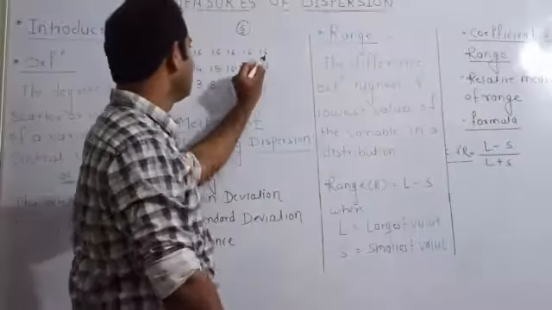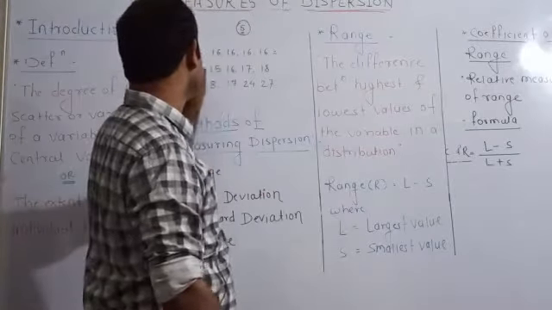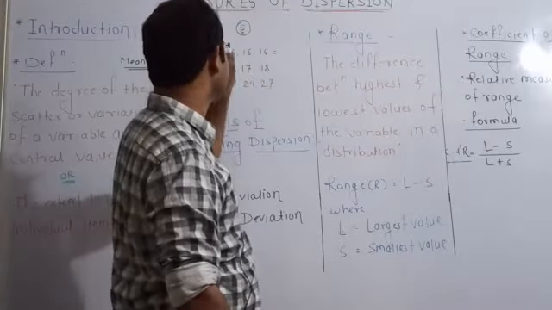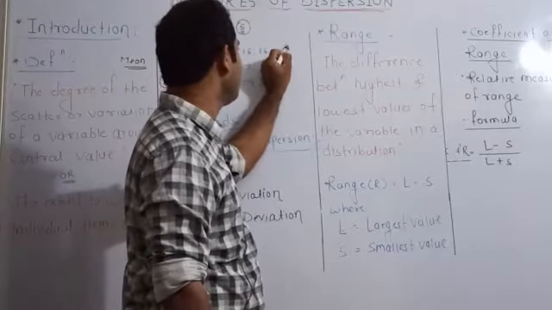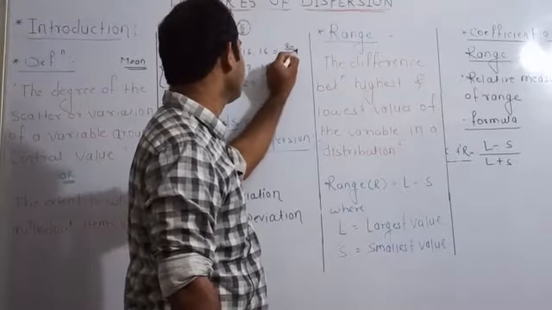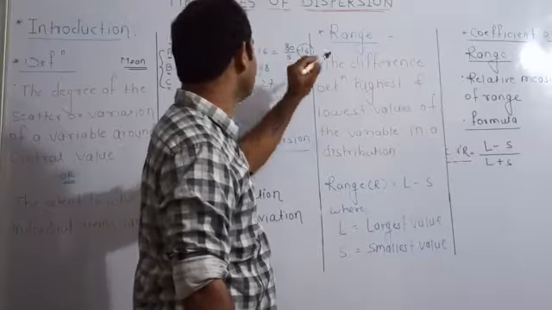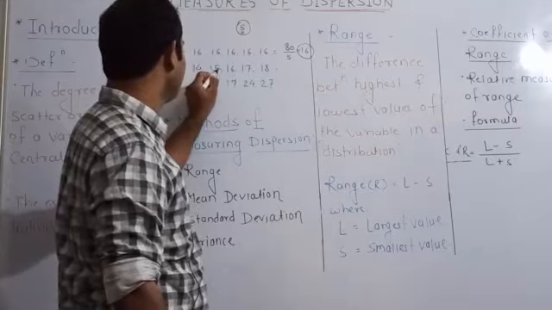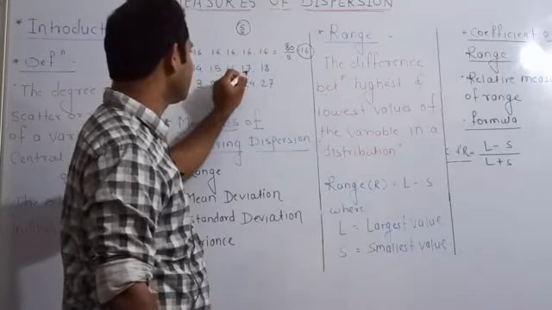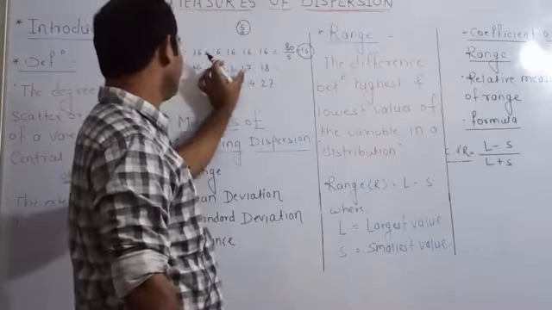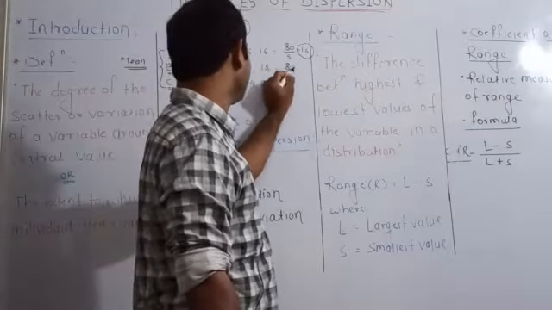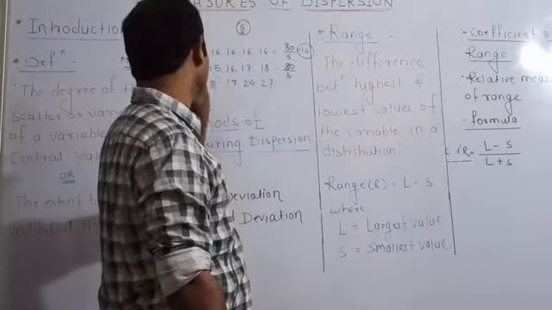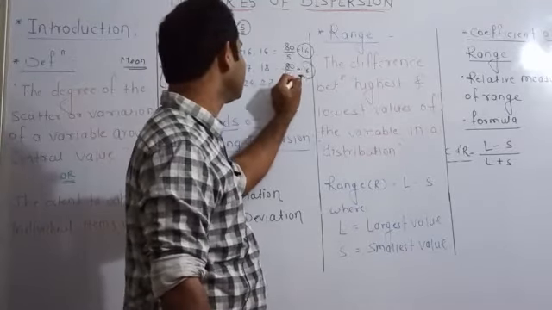We have to just sum up these observations. 16 plus 16 plus 16 plus 16 plus 16 means 80. 80 upon 5 becomes 16. Then for the second, 14 plus 15, 15 plus 16, 16 plus 17 plus 18, it again becomes 80, divided by the number of observations, 5. It becomes again 16.